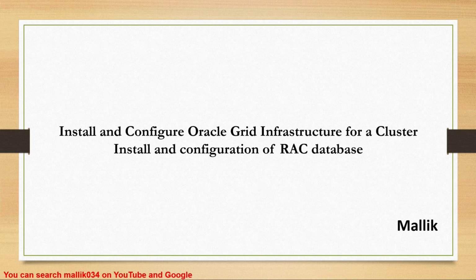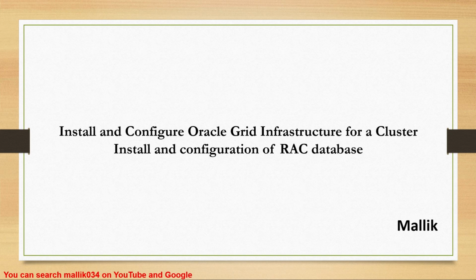This session is very useful for junior DBAs and senior DBAs, because I'm going to cover from scratch how to install your virtual machines and configure them, a two node RAC in virtual machines, what networks you have to select, what RPMs need to be installed, what users and groups you need to create, and how the directory structure for my cluster home and Oracle home looks.